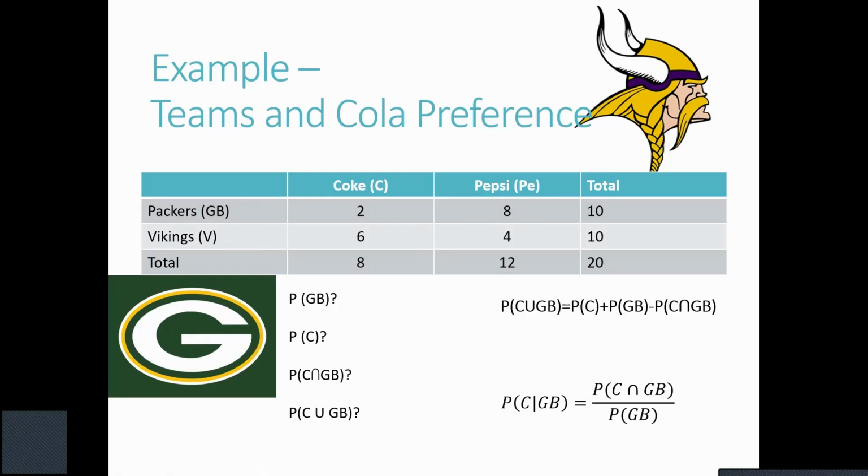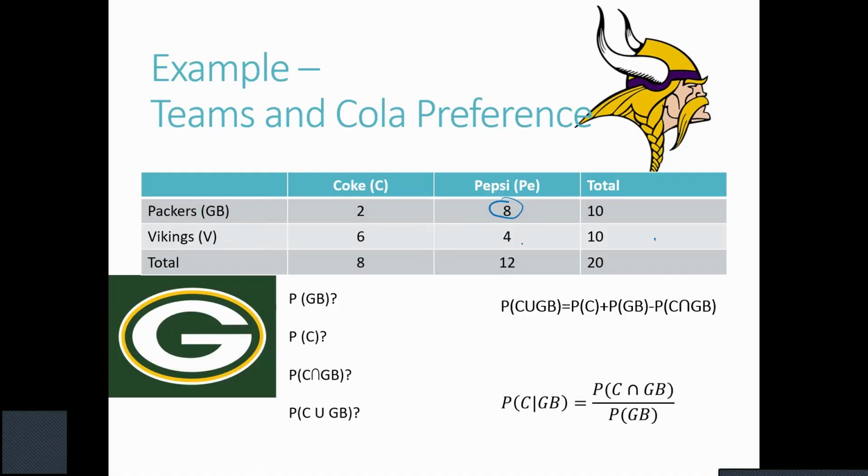So we could ask, if you're a Green Bay fan, do you prefer Coke or Pepsi? And if you're a Vikings fan, do you prefer Coke or Pepsi? If you look at this table, we've got 10 people on each team here. For the Packers, and I'm going to switch to blue here for a second, there we go, from those 10 people, they prefer Pepsi.